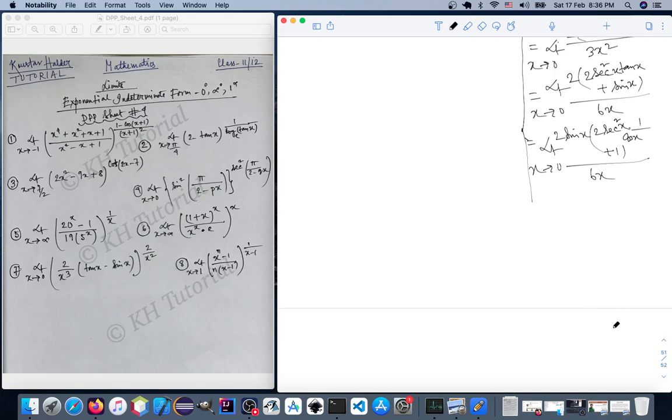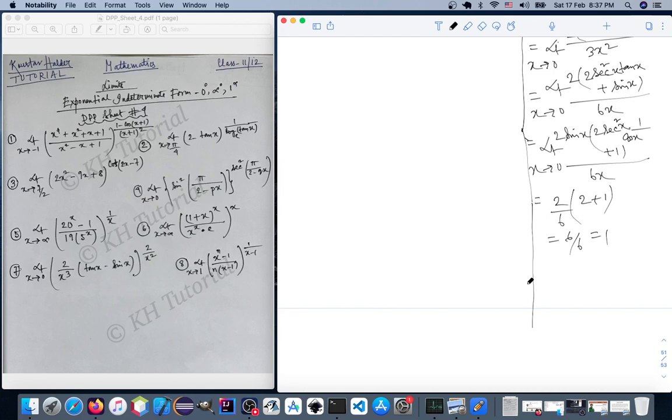So sin x by x tending to 0 will become 1, and the rest of the terms will have no problem. They are all cos x. So the limiting value becomes 2 by 6 times (2 plus 1). This is 6 by 6 equals 1.